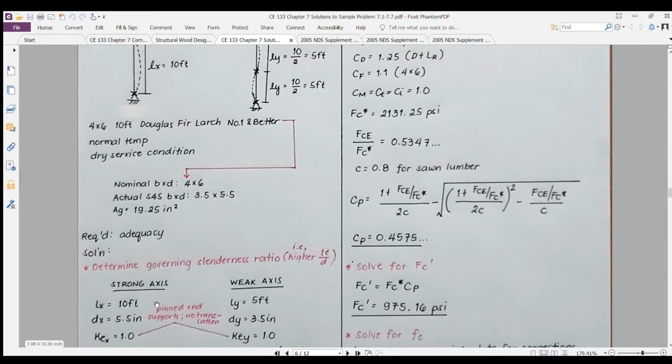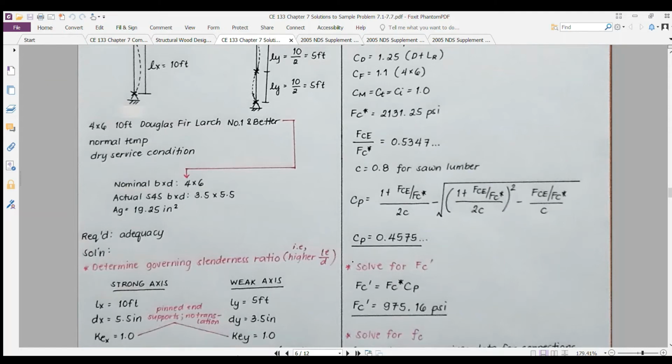For the strong axis, we have an L sub x of 10 feet, a value of d sub x of 5.5 inches, since it is the length of the dimension perpendicular to the x-axis, while we have a value of K sub e x of 1.0, since it is a pin connection. Meanwhile, for the weak axis, we have a value of L sub y of 5 feet due to the presence of the lateral support at the midspan of the weak axis.